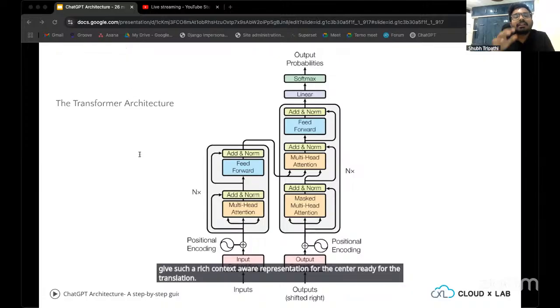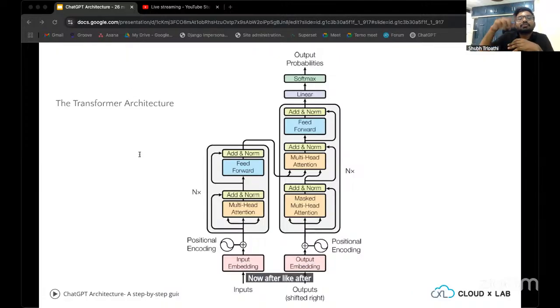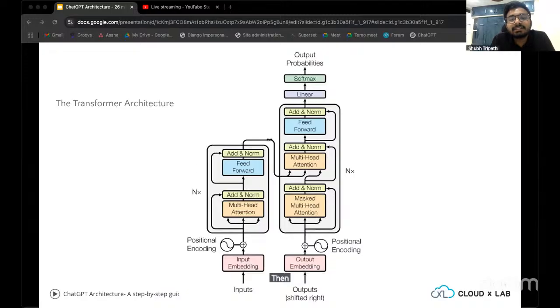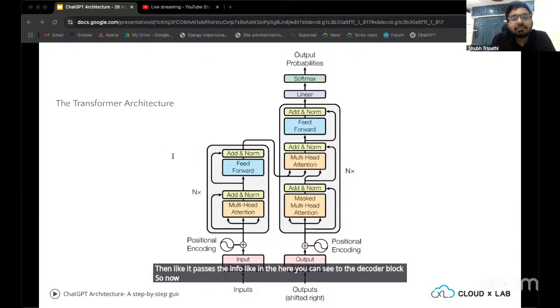After that, the information is passed through all the encoder blocks, however many there are in the stack. Then it passes the information, as you can see here, to the decoder block. So now let's move through the decoder. Here something interesting happens. Unlike the encoder, the decoder doesn't see the whole French translation at once.